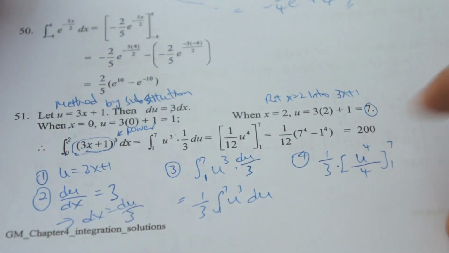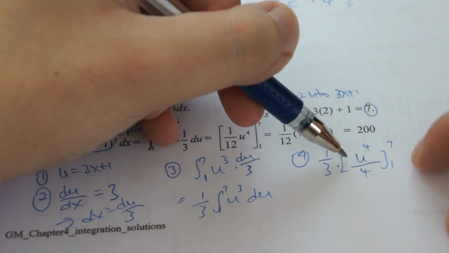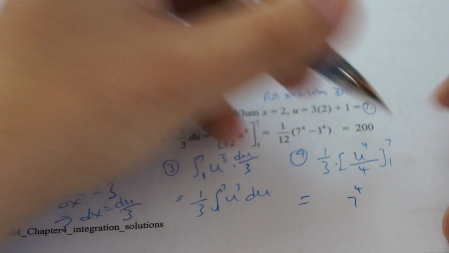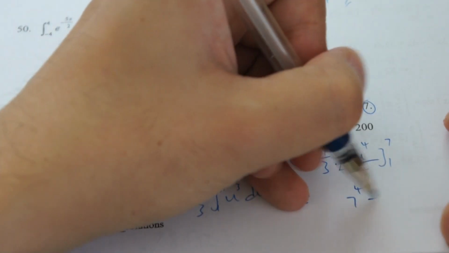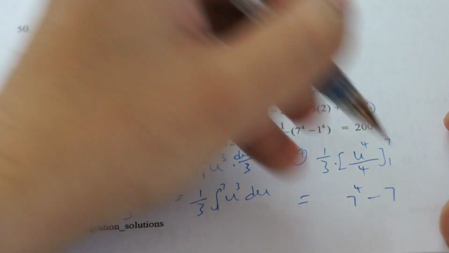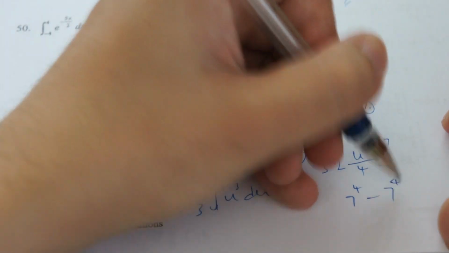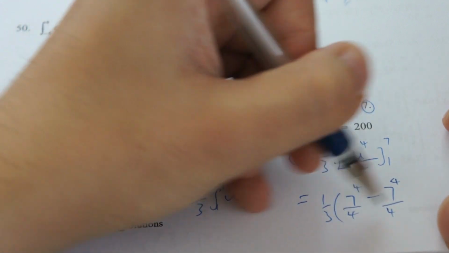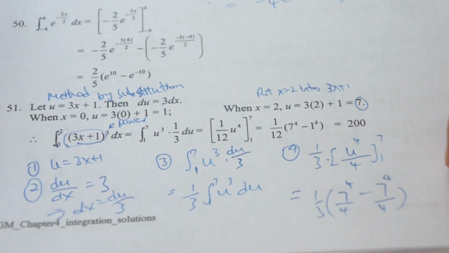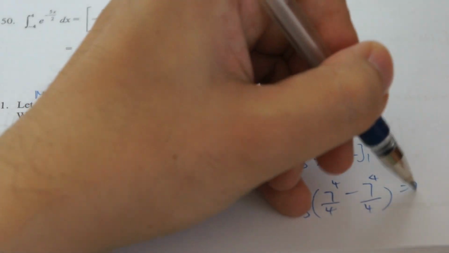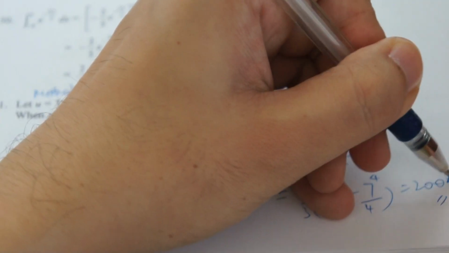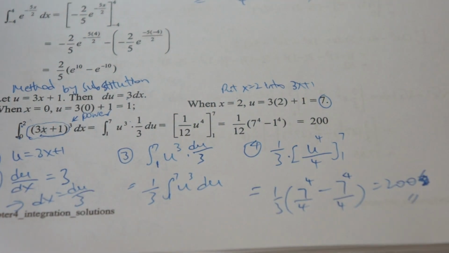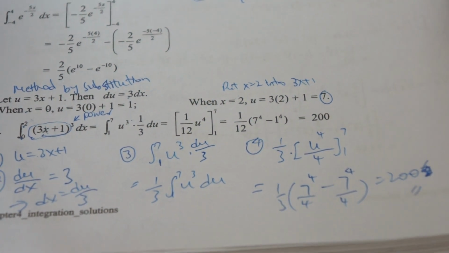So this is 1 over 3 multiplied by the result of the integral, and you put the 7 into u, and then you put the 1 into u. It should be something like that. Finally we get the answer 200. Just use the calculator and you will get the answer.